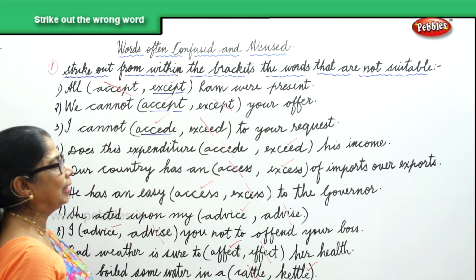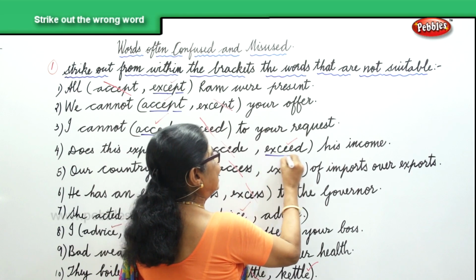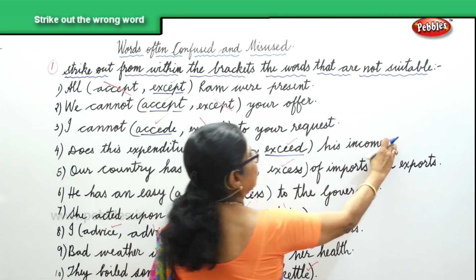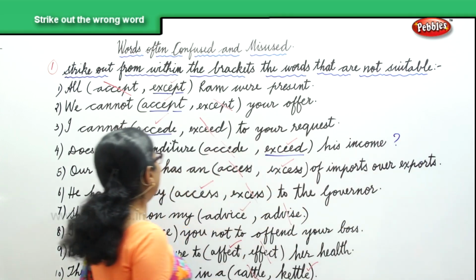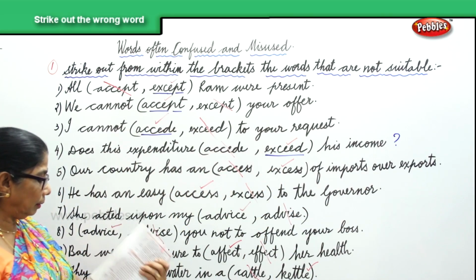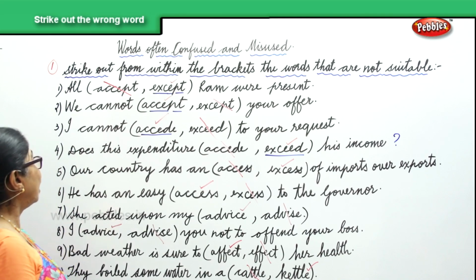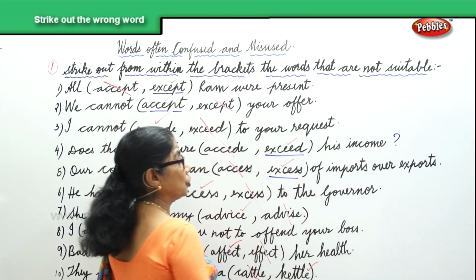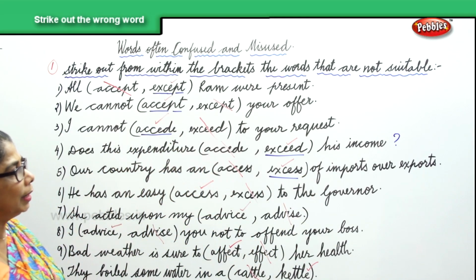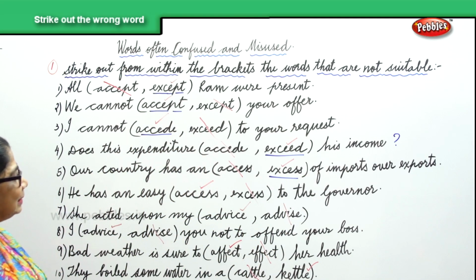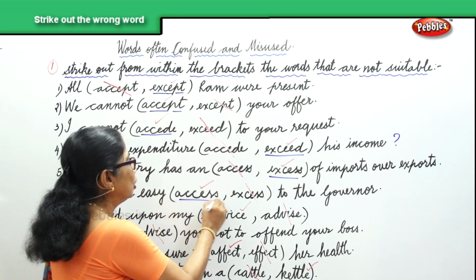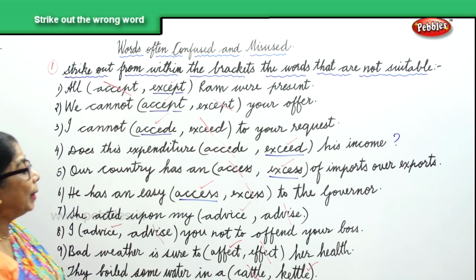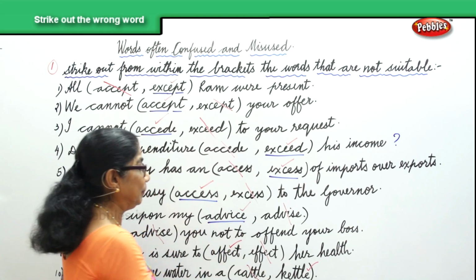Does this expenditure exceed his income? Next. Our country has an excess of imports over exports. He has an easy access to the governor. She acted upon my advice, C-E.